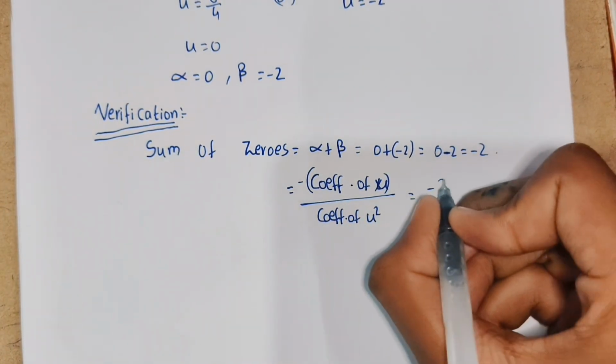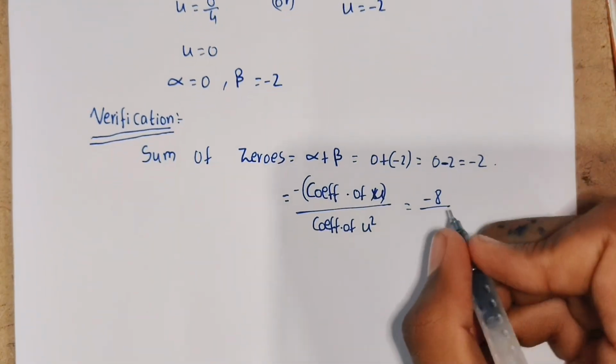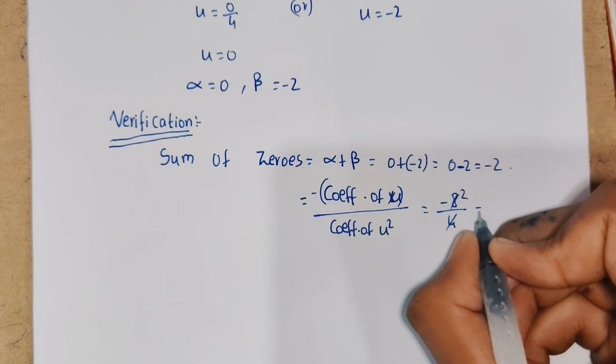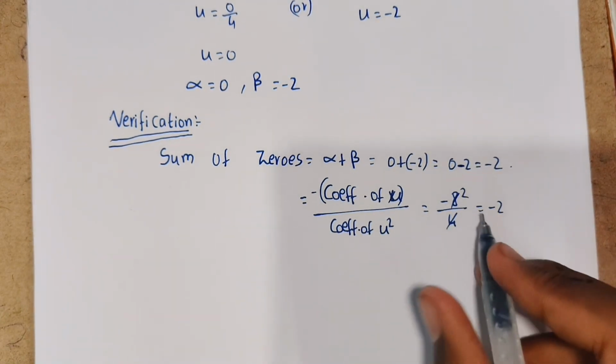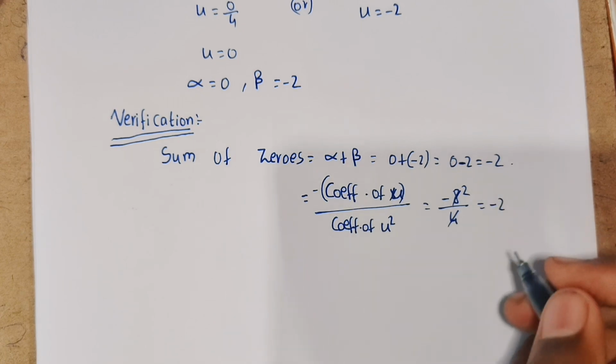So minus 8 by coefficient of u square, which is 4. So minus 8 by 4. 4 ones are 4, 4 twos are 8, equals minus 2. We got sum of zeros, both are equal.